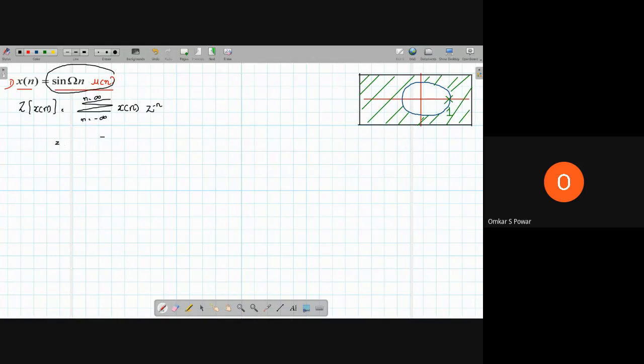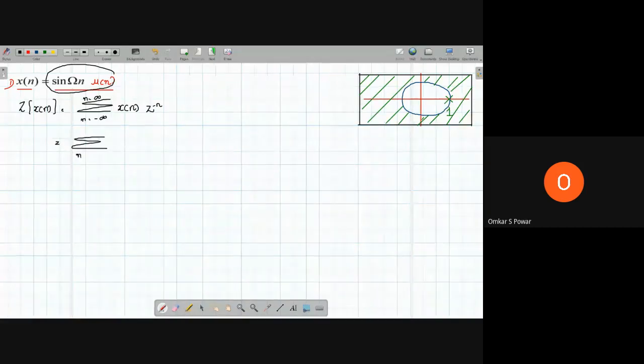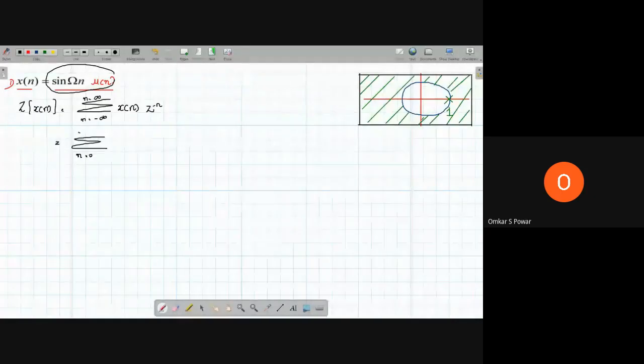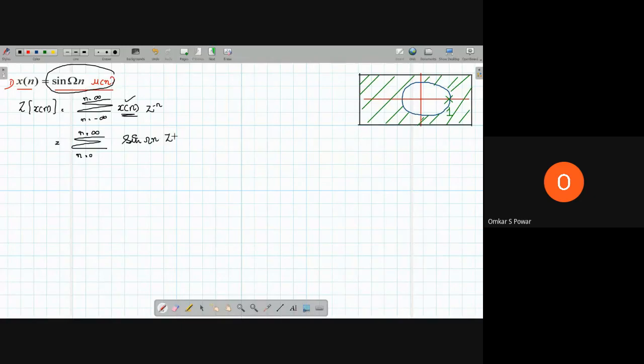Since u of n is defined from 0 to infinity, I have substituted the value of x of n as sine omega n, and changed the limit from 0 to infinity, with z to the power of minus n. So how can we further simplify this?